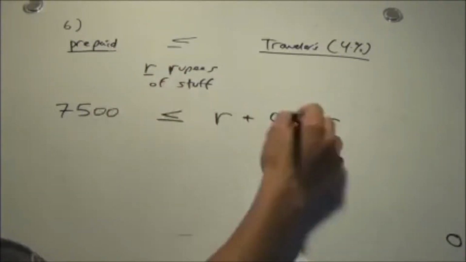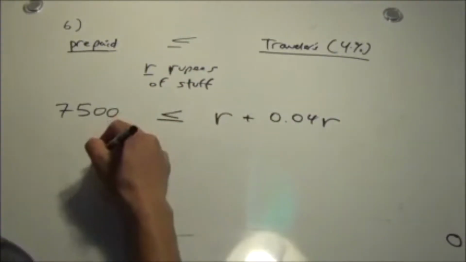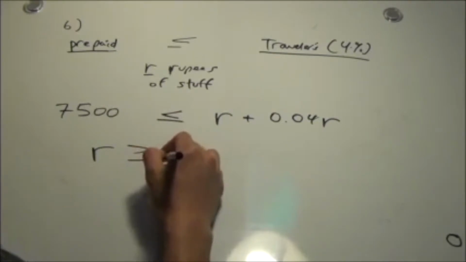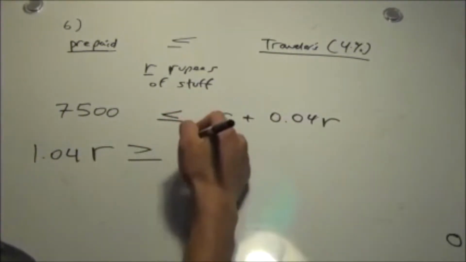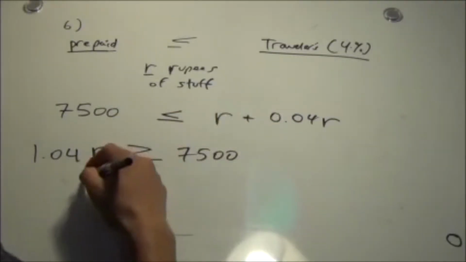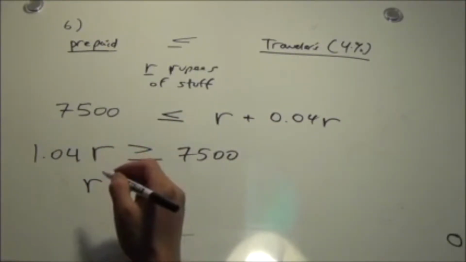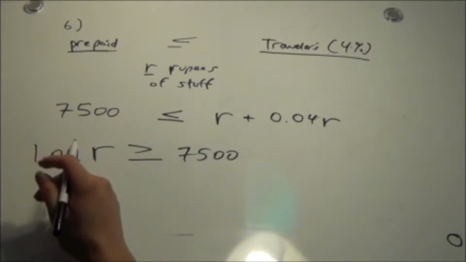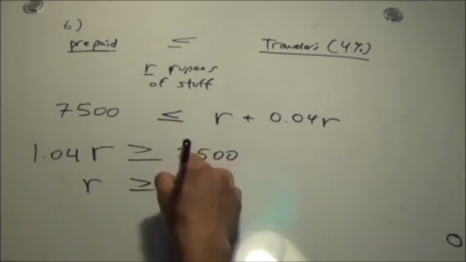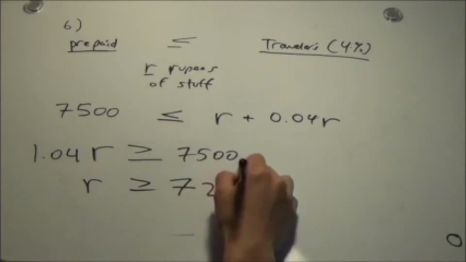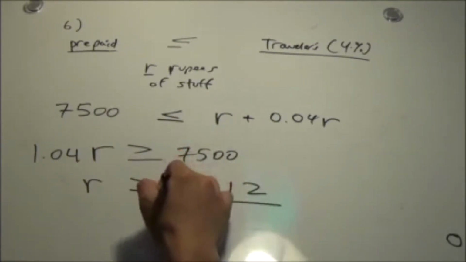So then we can just solve this inequality for R. 1.04R is greater than or equal to 7,500. If you put that into your calculator, you get 7,212 when you round. So that's what you can grid in.